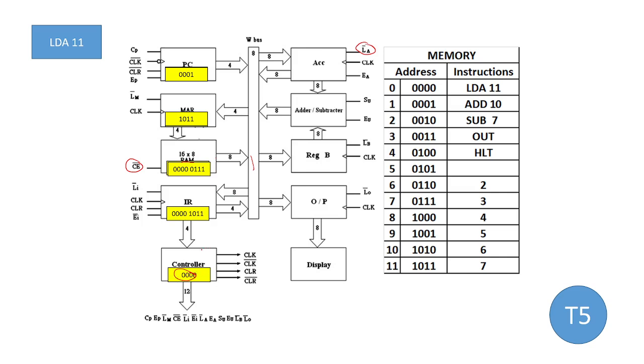So whatever we have, we will load it to the accumulator. Since our LA here is an active pin, and we have sent it to the W bus, it will then go here to our accumulator and load it here.